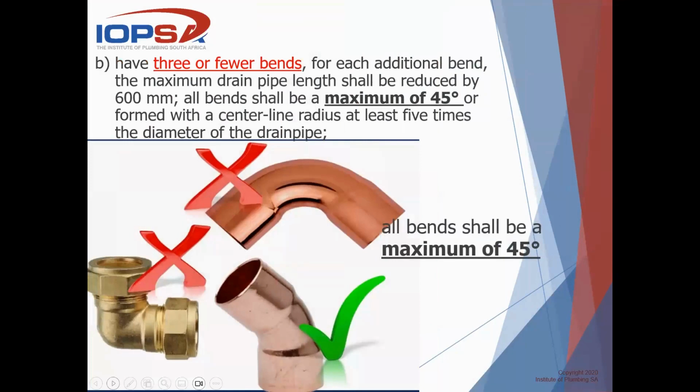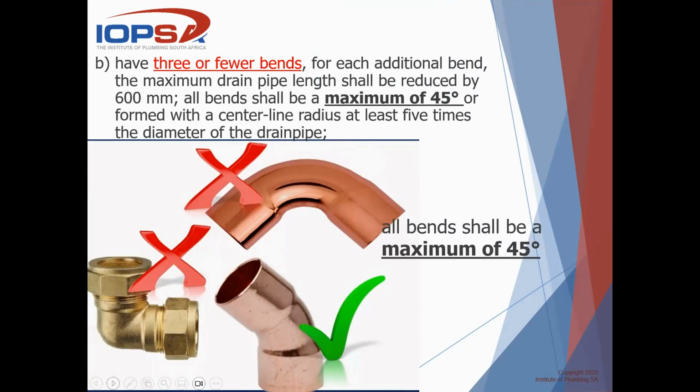So let's have a look at those bends. The standard mentions that in part B, have 3 or fewer bends. And then for each additional bend, the maximum drain pipe shall be reduced by 600 millimeters.